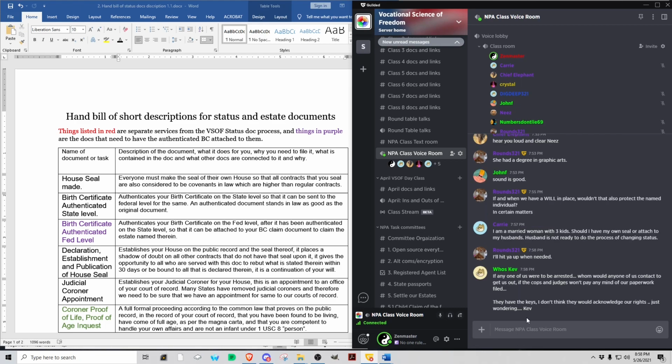There are 3 different forms of the executor/executrix appointment. In one, the wife is coming under the house of the husband. Basically, that means the husband has to do the doc set too, and that it's under his house that she's coming under.